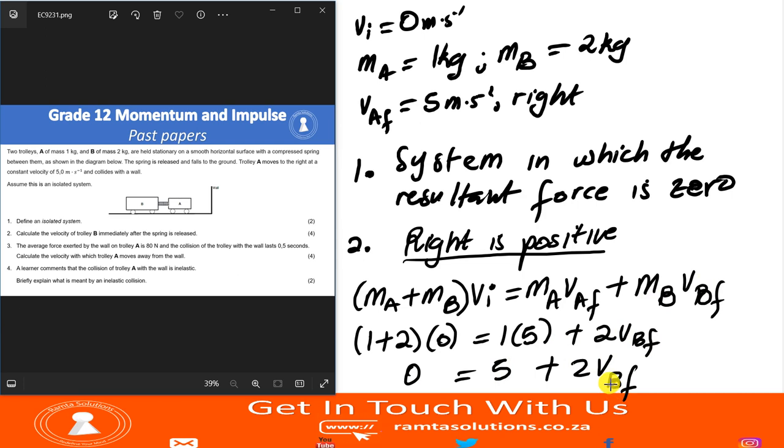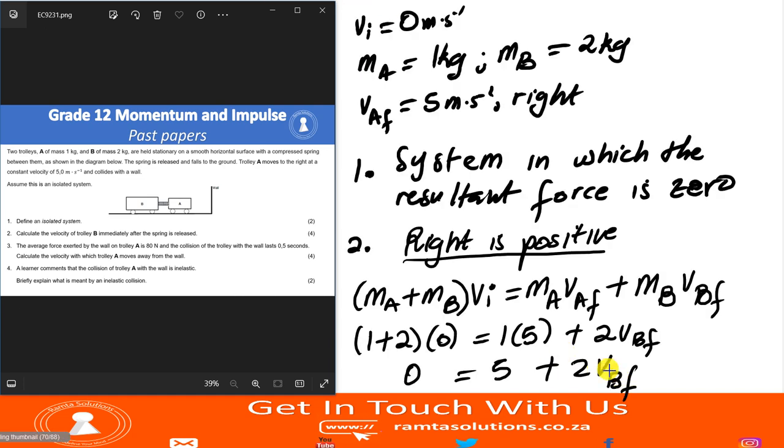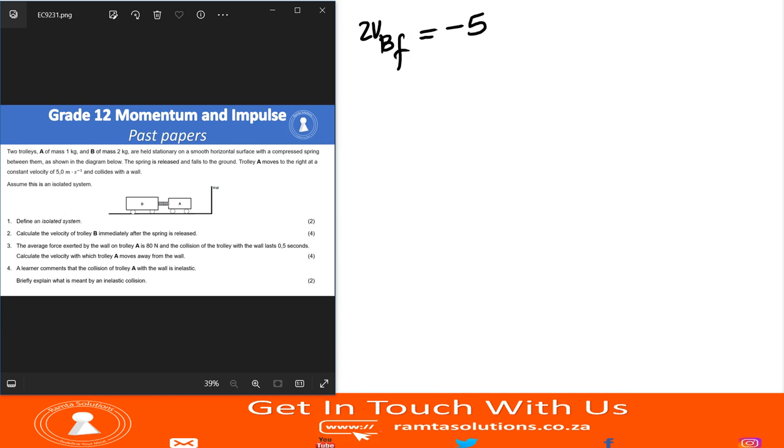Proceeding, we will say 2 times velocity of object B final is equal to negative 5. It's okay. So VBF is equal to negative 5 divided by 2, which is negative 2.5.